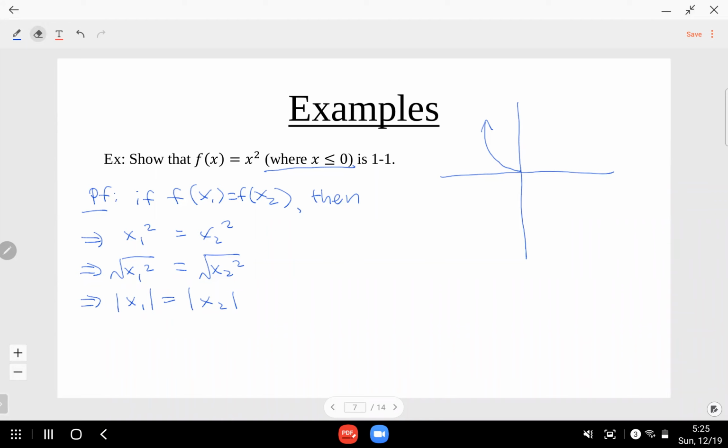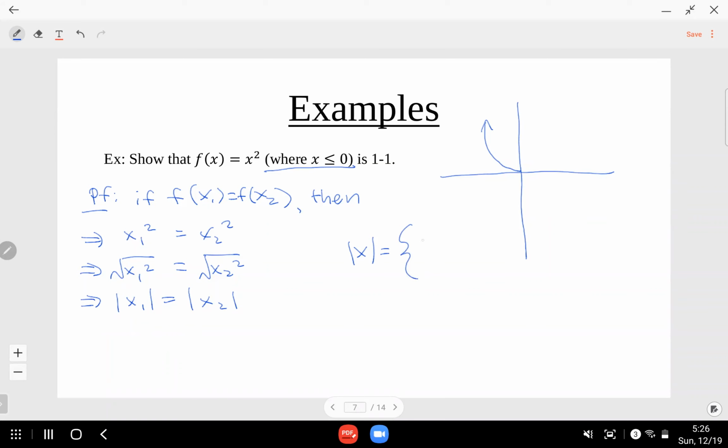Anyways, so let's look at what we're going to review. If we have the absolute value of two things and they're equal, how are we going to go about this? So let me bring up the absolute value. Remember this, all right? The absolute value of x equals two things.